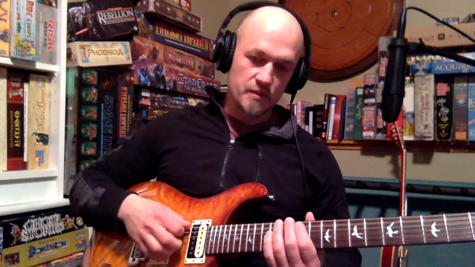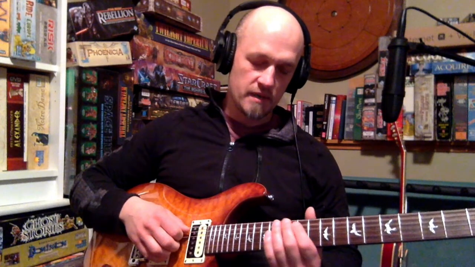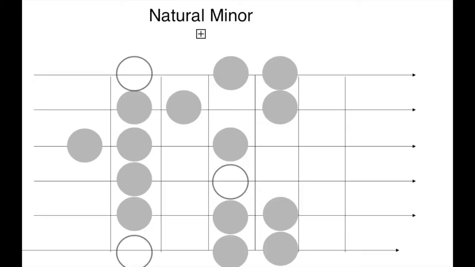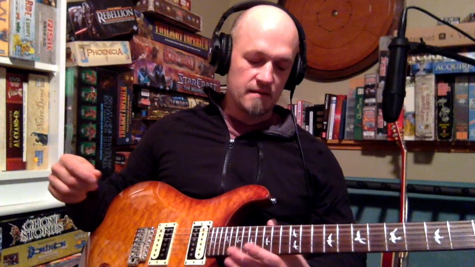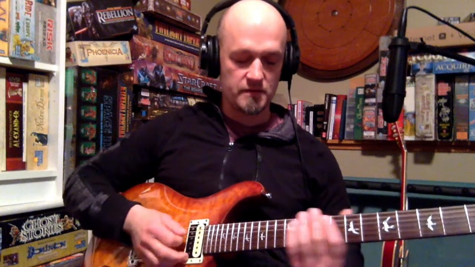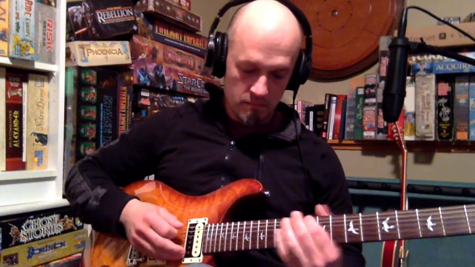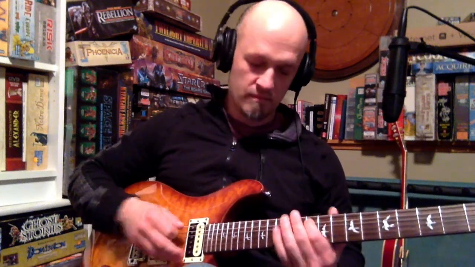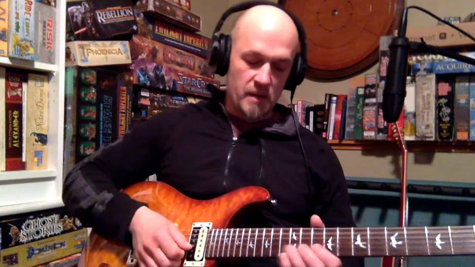So we have a half step between 2 and 3, and a half step between 5 and 6. 1, 2, 3, 4, 5, 6, 7, 1. To play it to 2 octaves. And yeah, those half steps really give the fundamental sound of the scale. Okay? That's natural minor.